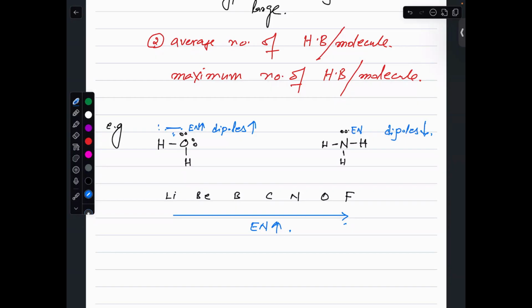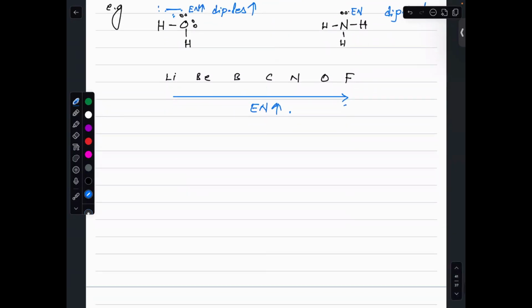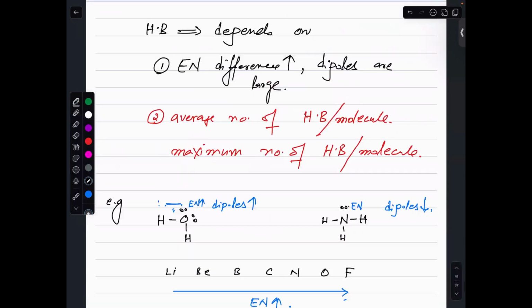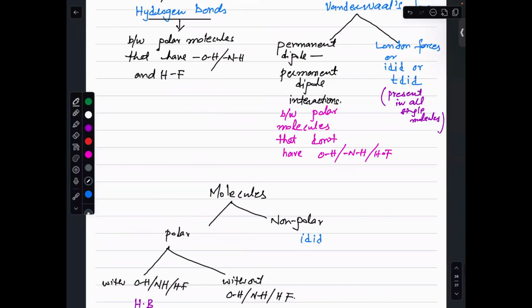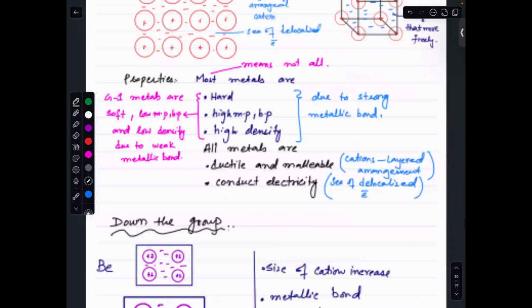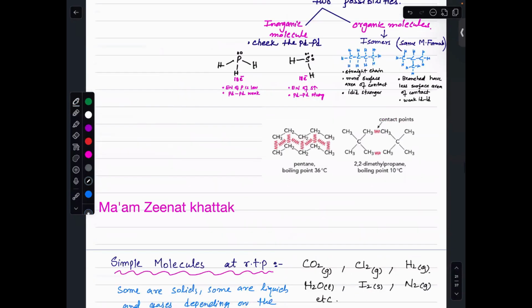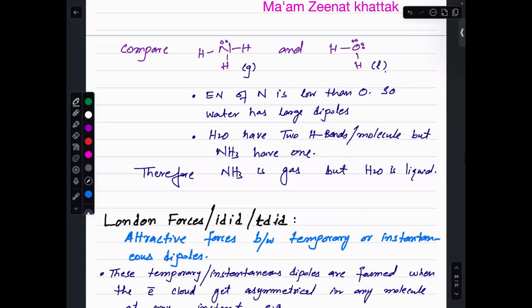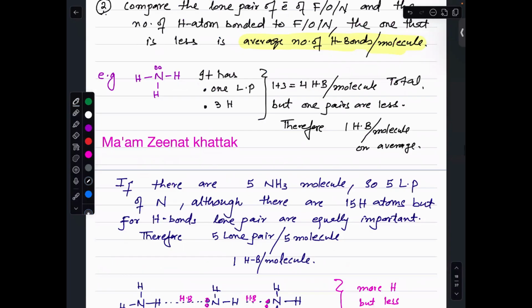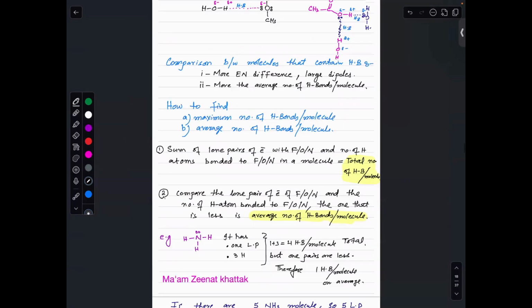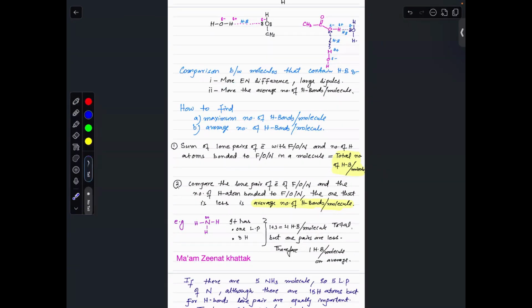Second, how to count the maximum and the average. If I copy it from the notes: comparison between molecules that contain hydrogen bonds, more electronegativity difference means larger dipoles, and more average number of hydrogen bonds per molecule.